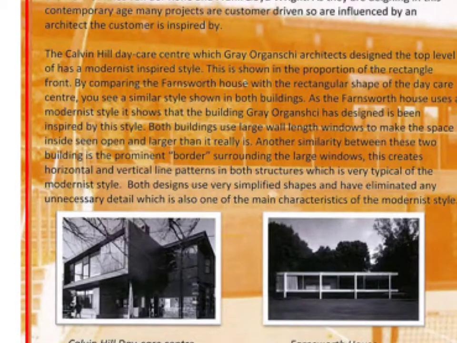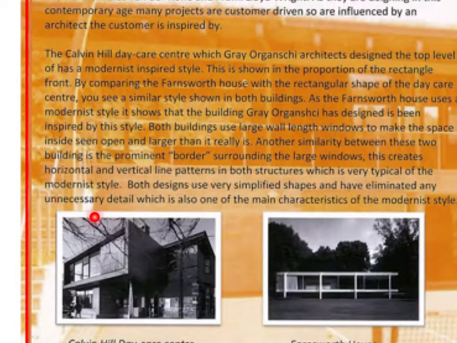We've also got large wall length windows in order to make the space seem open and larger than it really is. So we've identified two elements now. Also, we can look at the fact that the buildings have prominent borders surrounding the large windows, which create the horizontal and vertical line patterns. The student has linked these to the modernist style.